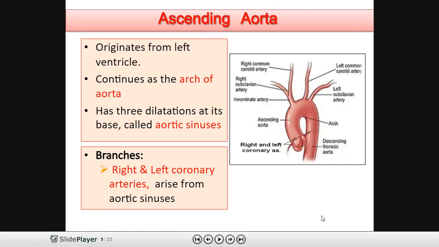At what level does the subclavian artery become the axillary artery? And at what level does the axillary artery become the brachial artery? And at what level does the brachial artery split to give me the radial and the ulnar artery? So you will tell me all of this in our next class.